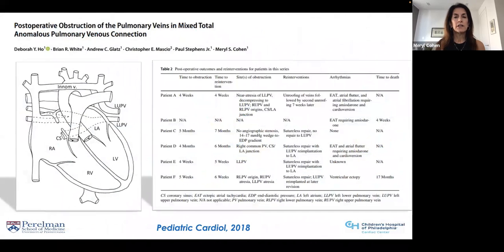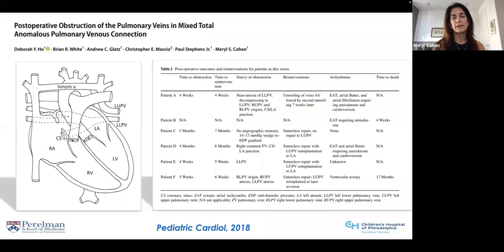Now, why is this of major concern? Well, we've done some work in our own institution looking at this cohort of patients with mixed total anomalous pulmonary venous connection. And you can see from our cohort of 6 patients who had this, 5 of them had to have reintervention. And of the 5 who had reintervention, it happened relatively early.